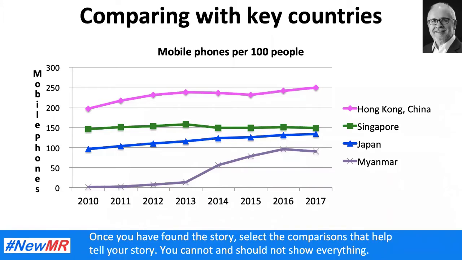If you look at the green line and the blue line, we can see that actually there are only 2 countries that are fundamentally different, and they're fundamentally different in quite different ways. One is way higher and has stayed higher, and one used to be really low and is catching up with Japan. So we start to build a story where we've used comparisons to find that information, and then we can use comparisons to help us tell that story.